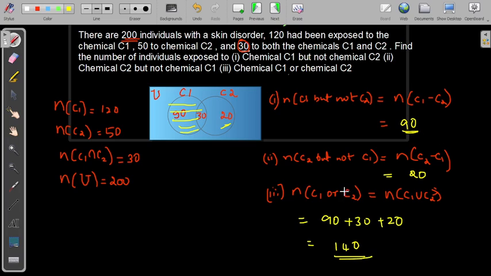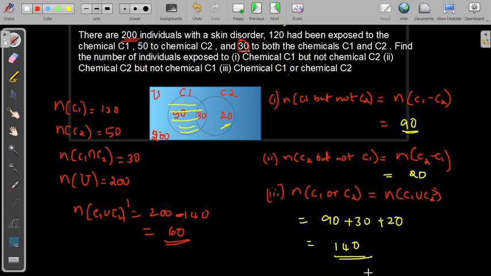Suppose they ask you to find the number of individuals who are not exposed to any of the chemicals. That's why I told you the universal set has 200 people. So from that 200, n of neither C1 nor C2, that is C1 union C2 whole dash, is equal to 200 minus 140, which gives you 60. 60 people are not exposed to either chemical C1 or chemical C2.